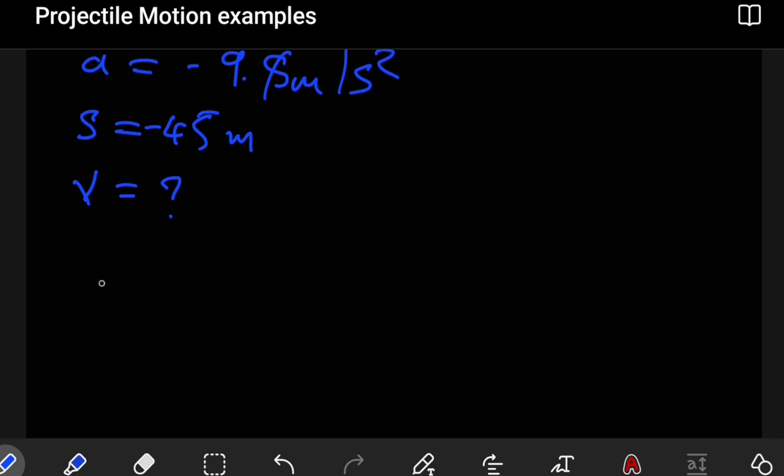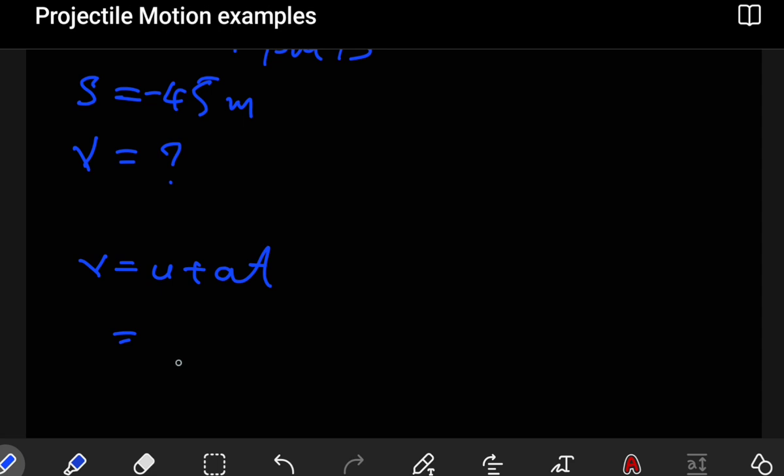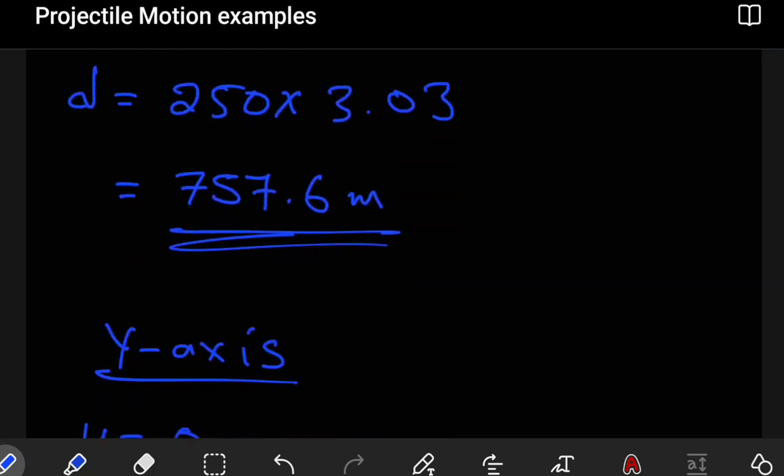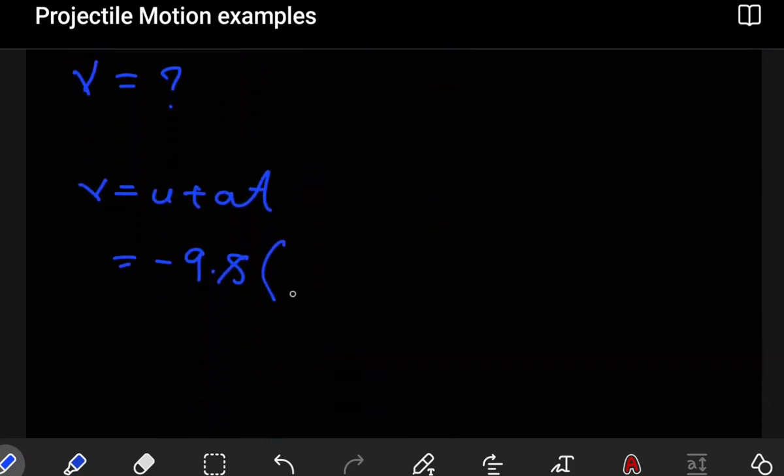So if you want to use the time, you can even use v equals u plus at, not at squared, just at. The initial is 0. The acceleration is minus 9.8. The time we found earlier on was 3.03. So I can say 3.03. And then if we do the math here, that's 9.8 multiplied by 3.03.